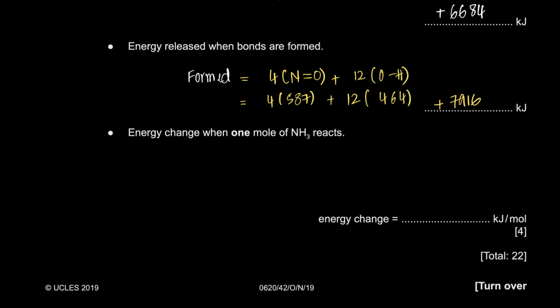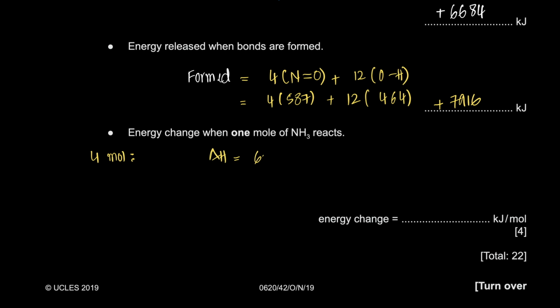Energy change when 1 mole of ammonia reacts. That's interesting. They're asking for 1 mole of ammonia. Well, in the equation, they've shown us 4 moles of ammonia. So for 4 moles, what is it going to be? Just the difference of these two values. Delta H is equal to bonds broken minus formed.